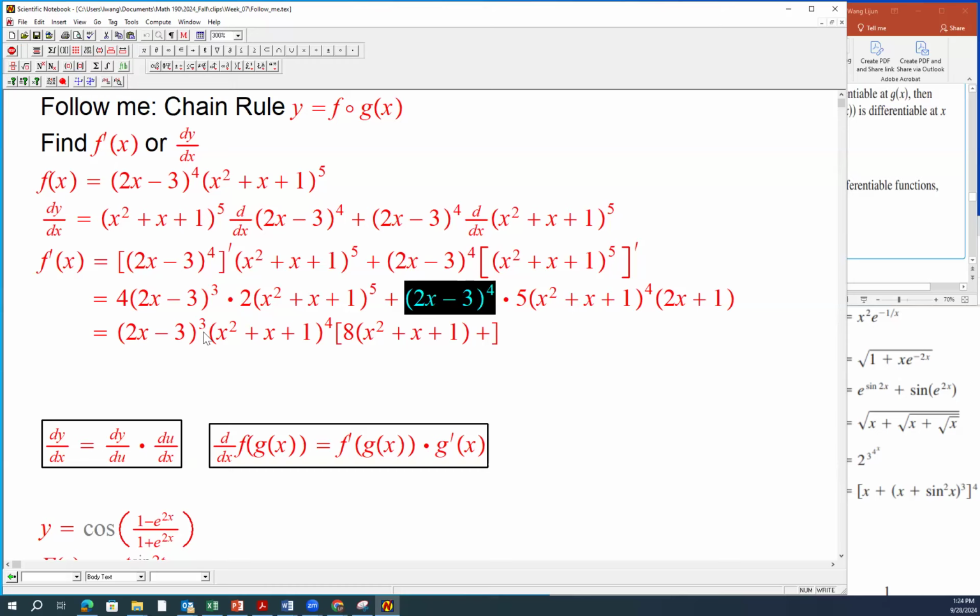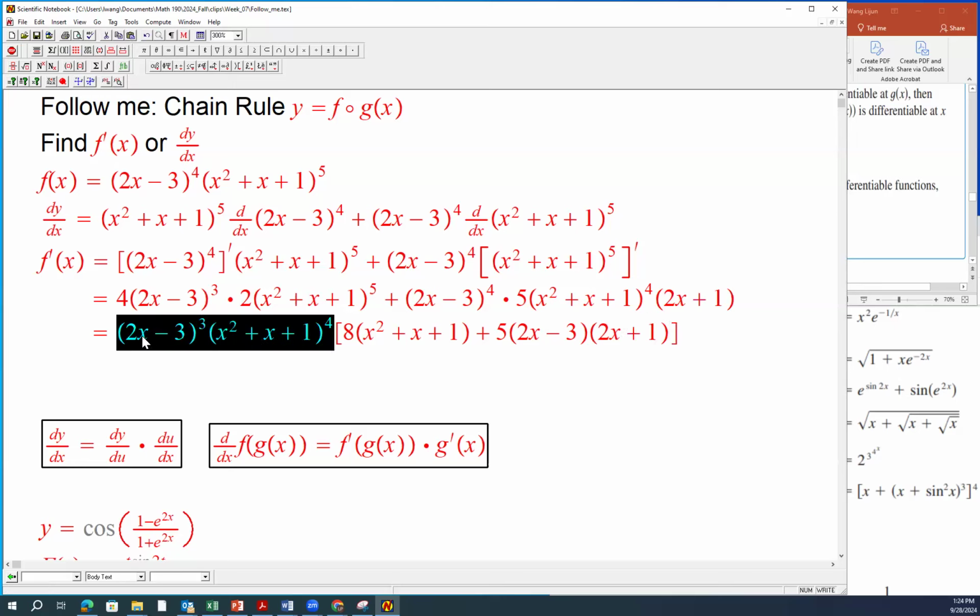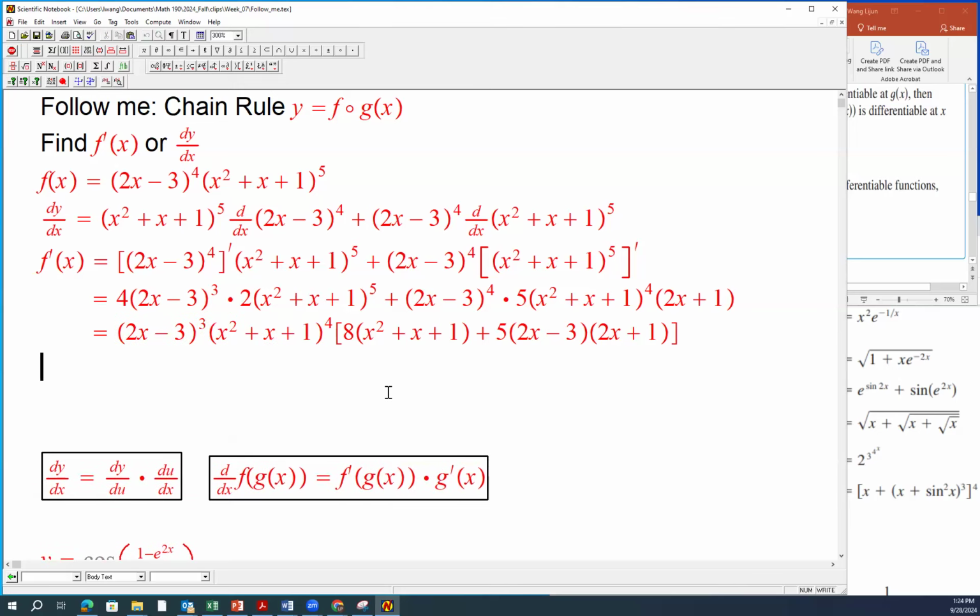Power 3 is factored out, so we have power 1, so we have 2x minus 3 left. This part is factored out, and 5 needs to be kept, right? And last, we have 2x plus 1. Okay, so this is the factored part. It's being factored out.